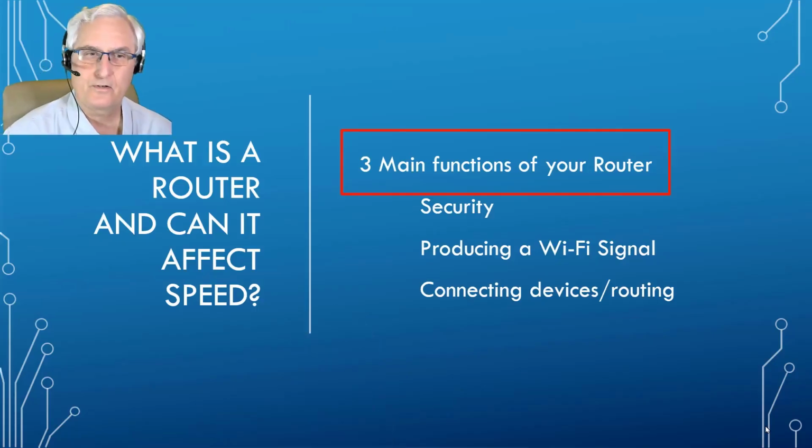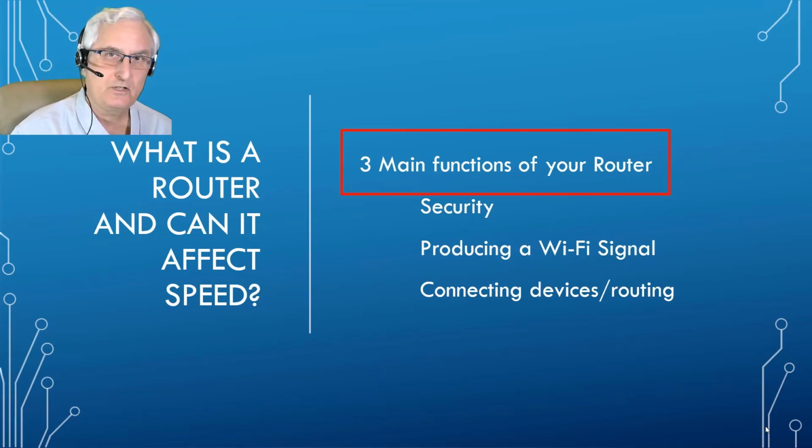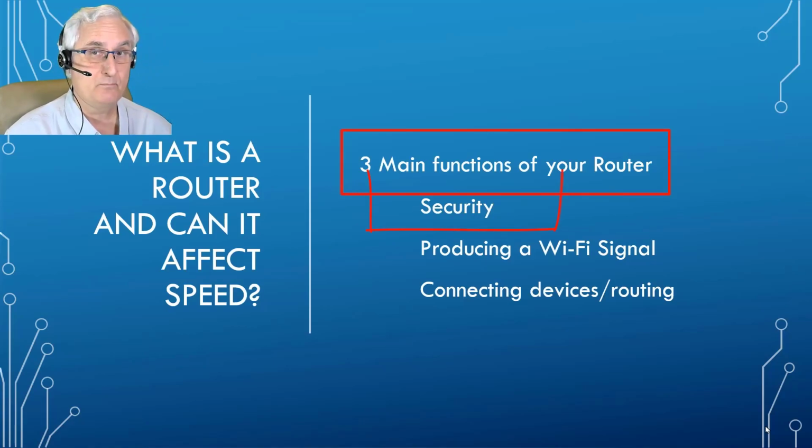Well, what is a router, and can it affect speed? There are 3 main functions of a router. Now, most of you associate your router with creating a Wi-Fi signal, but the primary and most important thing about a router is to protect you. It is your first firewall safeguard against the bad guys coming in through the internet.